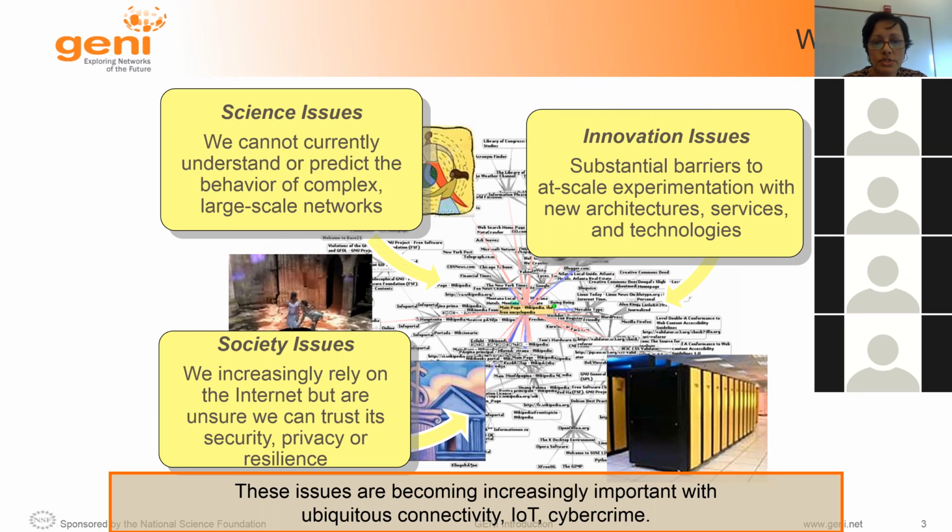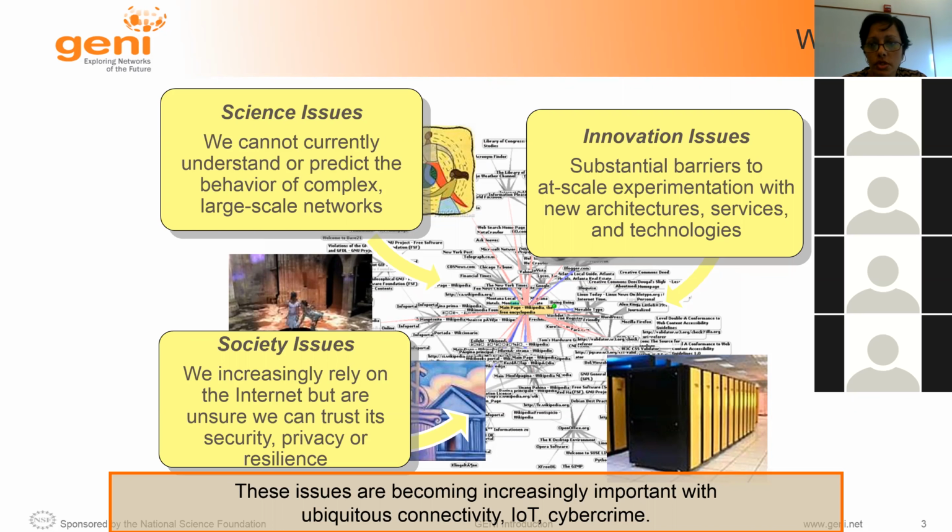So GENI is a large-scale network used as a test bed, and what this allows us to do is, currently we really can't predict the behavior of large complex networks, and GENI allows us to experiment and create the right new protocols, think about the next generation internet using current resources.